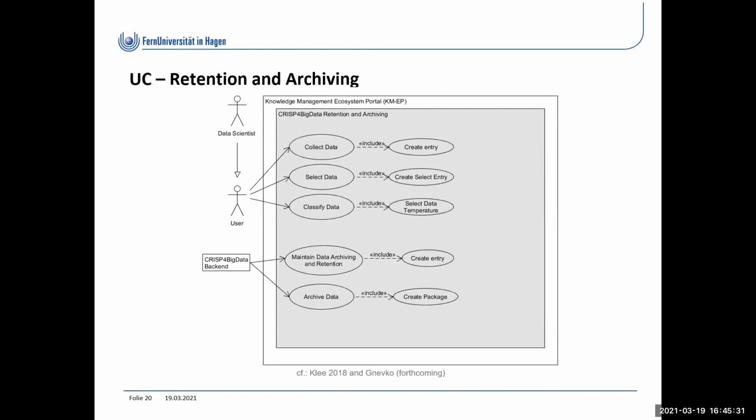And I think the last use case is the retention and archiving task. There you could have some management regarding the archiving. That means the whole data is collected. You could select the data and classify the data by its temperature, meaning whether it is hot, warm, or cold data.